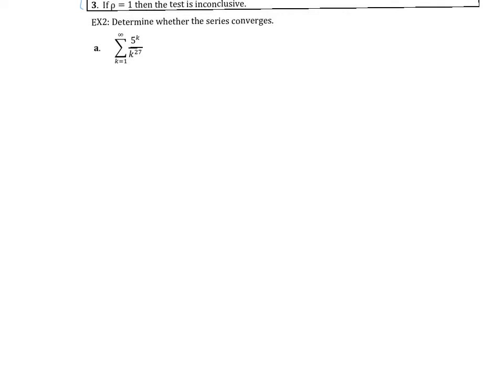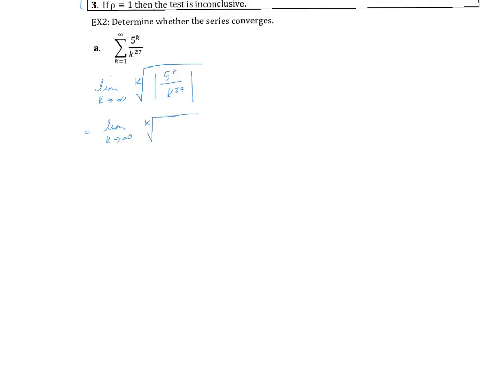So if I were to take the limit as k goes to infinity of the kth root of the absolute value of 5 to the k over k to the 27, something to notice is that I don't need the absolute values, so I could actually have started here. Again, I don't need the absolute values because 5 to the k over k to the 27 is always positive, so I can just drop them.